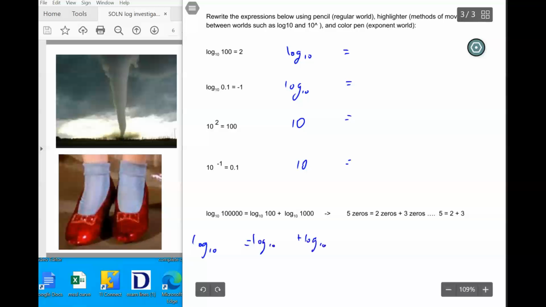And now I'm going to write all the exponent numbers in red. And then I'm going to write the regular world numbers in black and white.